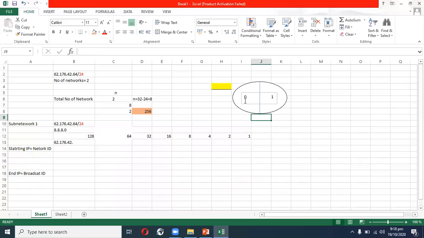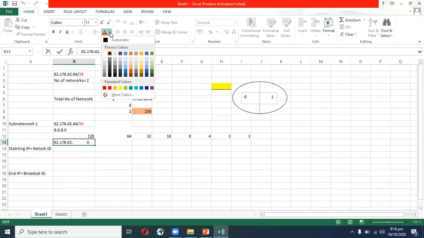When we say 0, this means the first bit of this IP is 0. Because this is the first network, this bit is fixed. We will not change it.